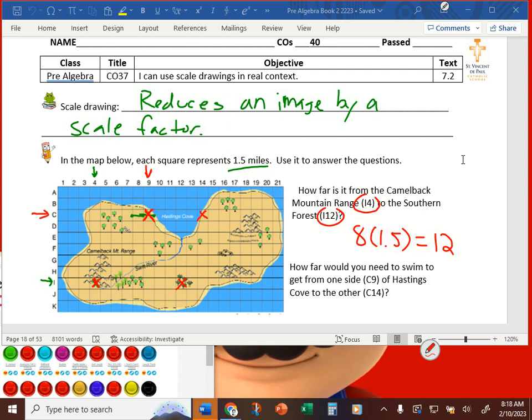Right there. How many squares is it from C9 to C14? 5. Right? Just find the difference between the two values there. Okay? Each square is 1.5 miles.